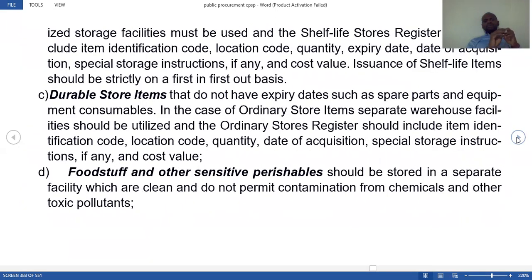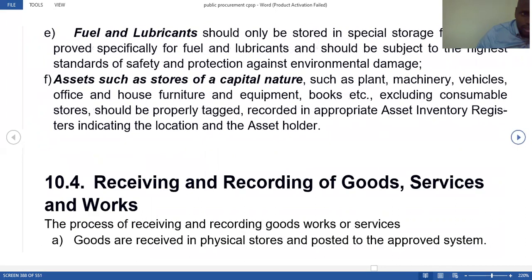Durable store items. These are items that do not have expiry dates, such as spare parts. So spare parts are an example of durable items. They do not have expiry dates. Then we have foodstuffs and other sensitive perishable goods. These are items that are perishable in nature, that is, they can be contaminated.